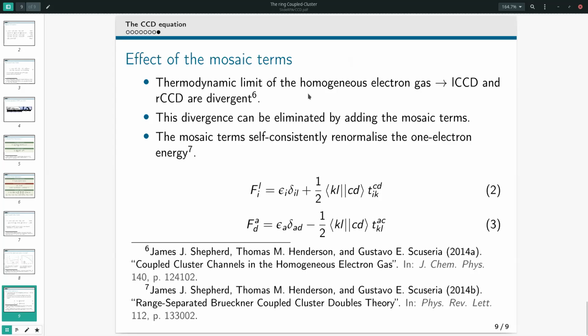In fact, it's because those terms are renormalizing the one-electron energy, because those Mosaic terms are present in the one-electron effective Brueckner Hamiltonian. So at each step of your calculation, you renormalize your energy. And so those Mosaic terms prevent the gap from closing in the thermodynamic limit.